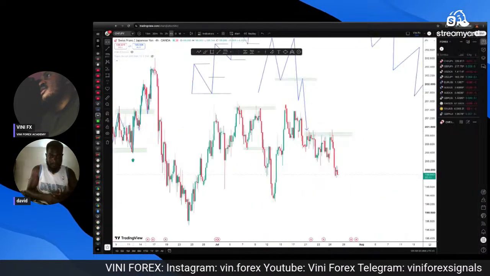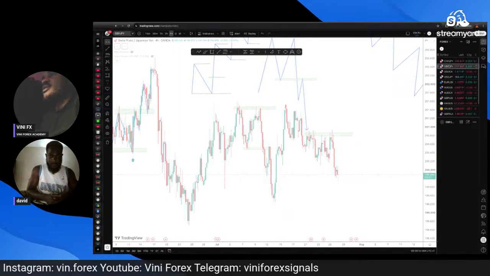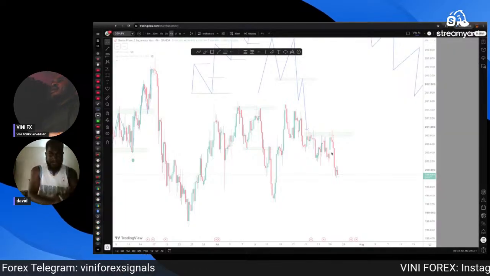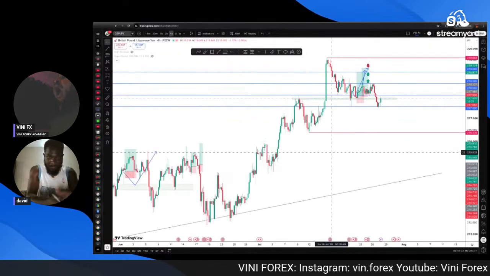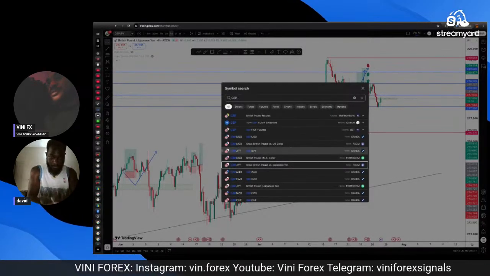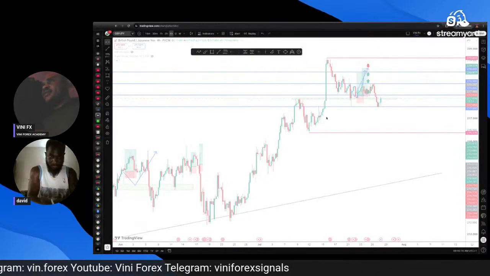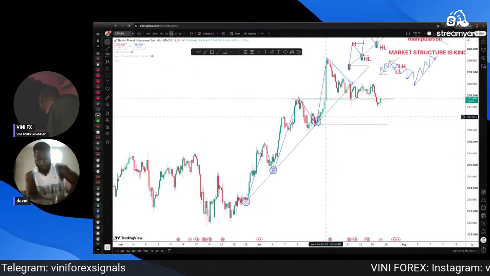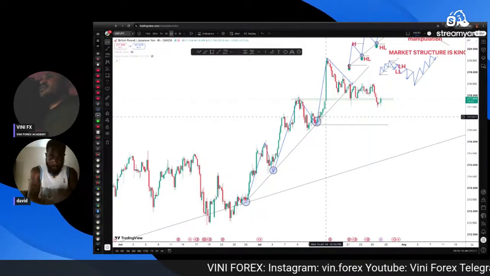So let's go to a different chart to see if we can find other examples. GBP, JPY.